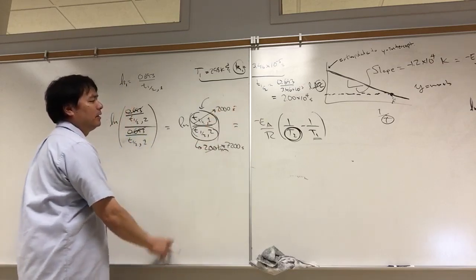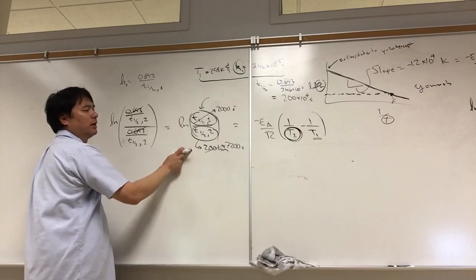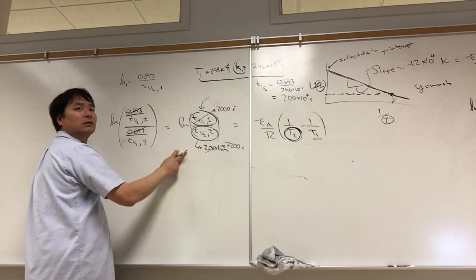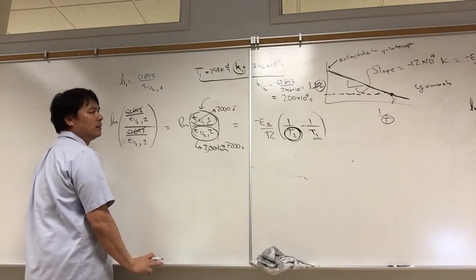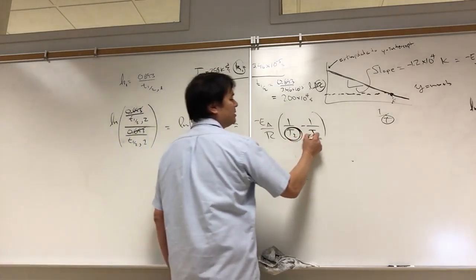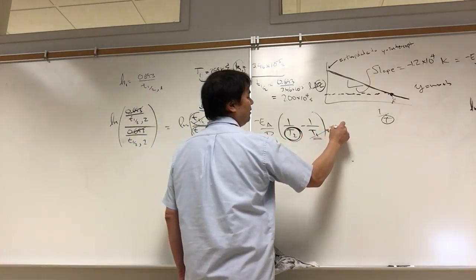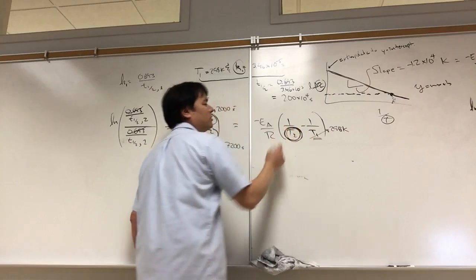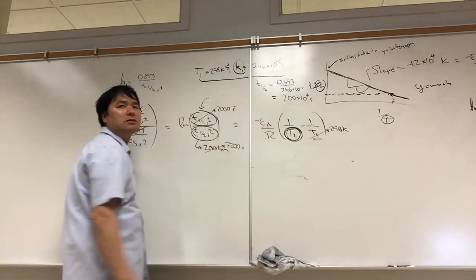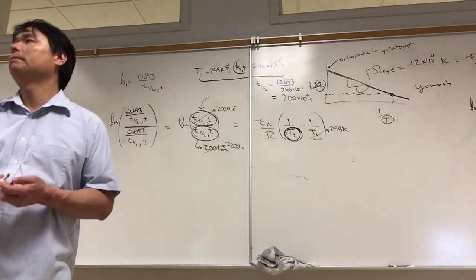And so the half-life looks shorter, right? Or longer. The half-life looks longer here at this other temperature. And so we know what T1 is. T1 is 298 Kelvin. We just solved this equation for T2. We know what EA over R is because that's just the slope. Okay.